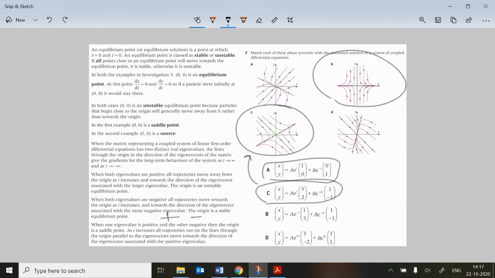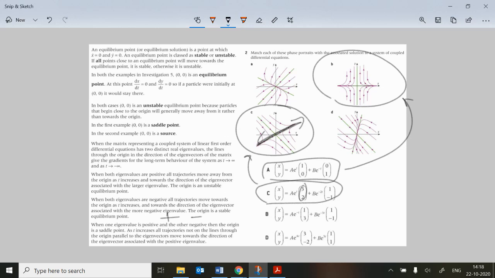Now it looks like things are moving in this direction, but they're not. They are moving in this direction. So in the long term, everything is going to end up moving in this direction here. So you've got to follow the arrow direction there. So we're going in this direction in the long term. And we're going there because that's associated with the positive eigenvalue.